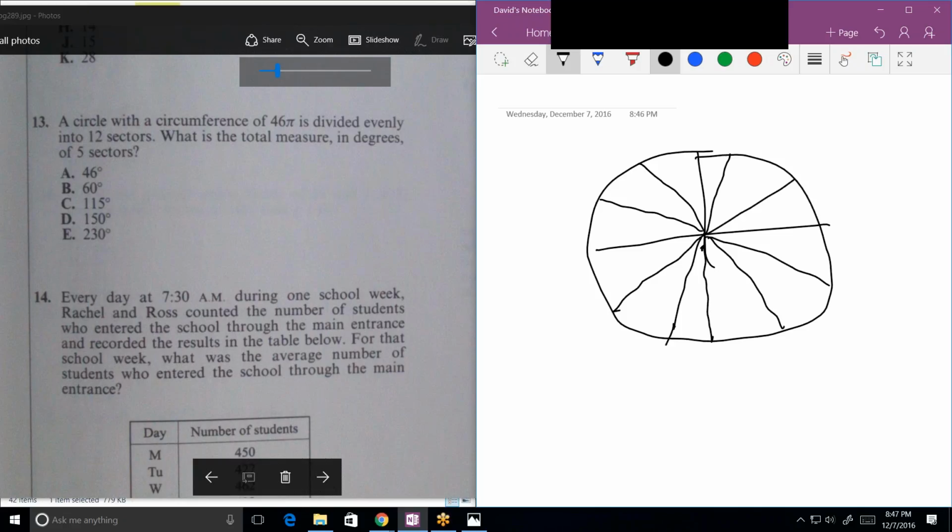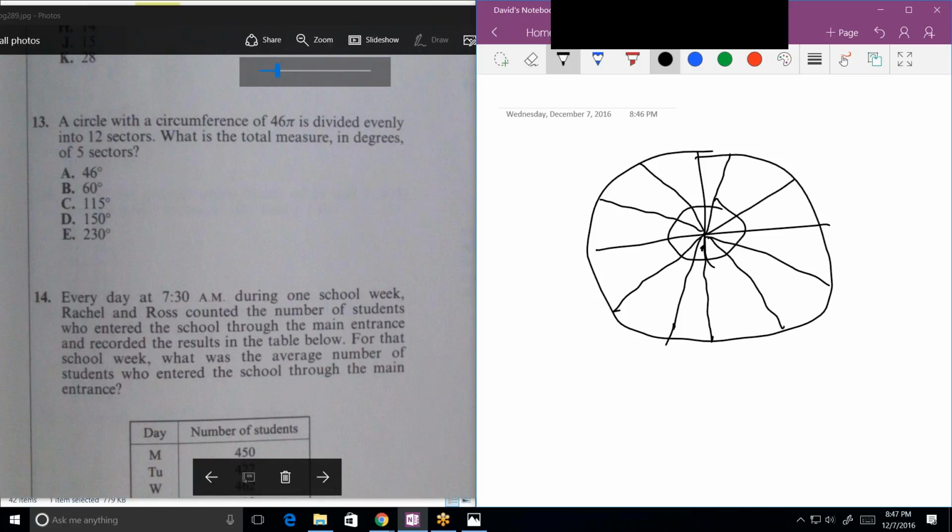What do you consider these slices, the measurement of each one, if there's 12? What's the total measurement around that point in degrees? Around any point, it's always 360 degrees.